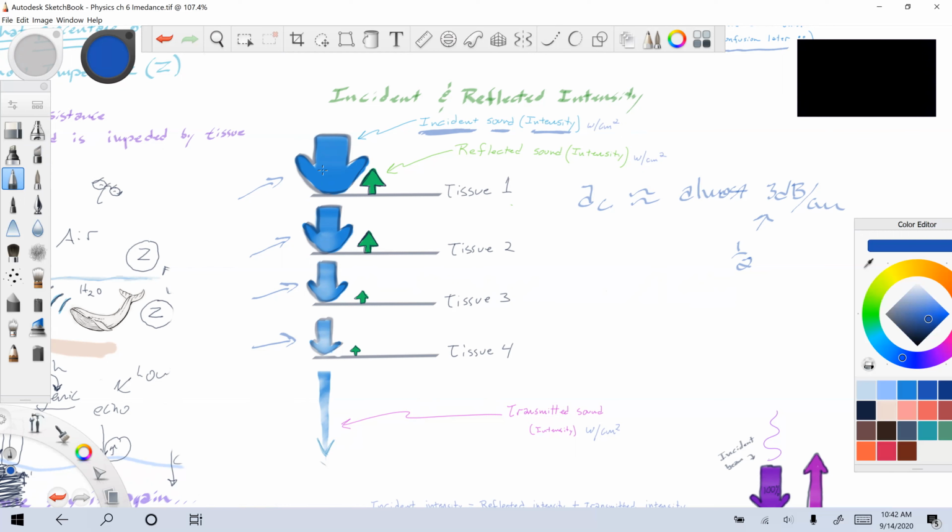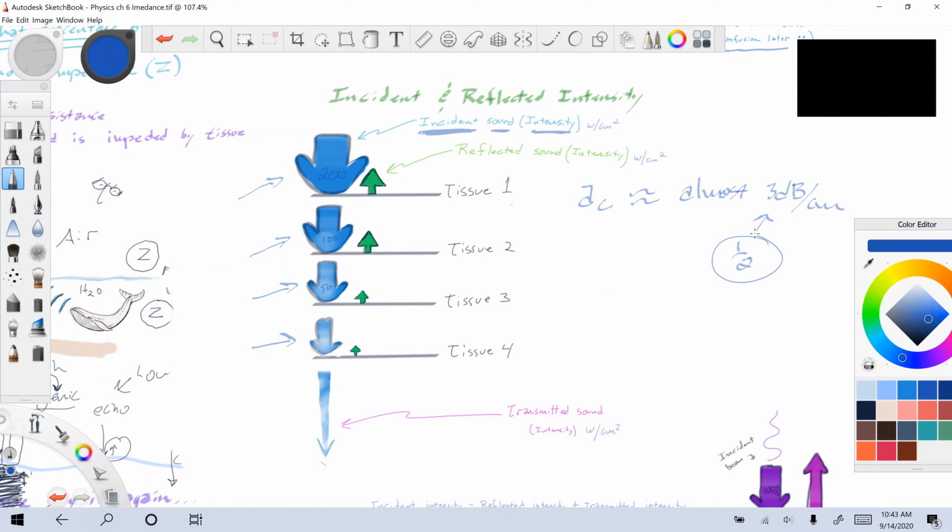Let's make it 200 watts per centimeter. It comes down a little bit. It loses half of that, so then it's 100. By the time it reaches tissue 2, we're down to 100 watts per centimeter. It keeps going, and let's say it's tissue number 3, that's 50. Remember, we're losing half every centimeter.